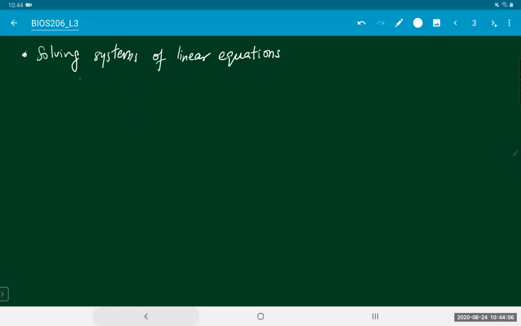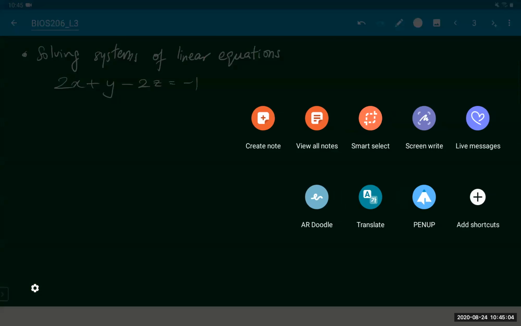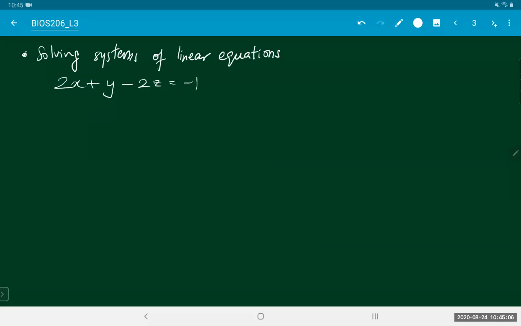So the example I'm using over here is 3 equations and 3 unknowns. X minus 3y minus z is 5.